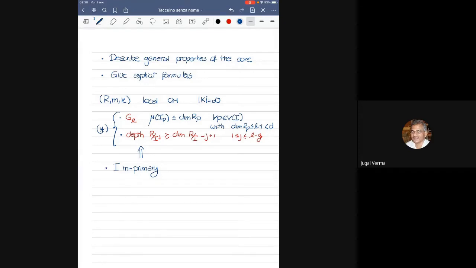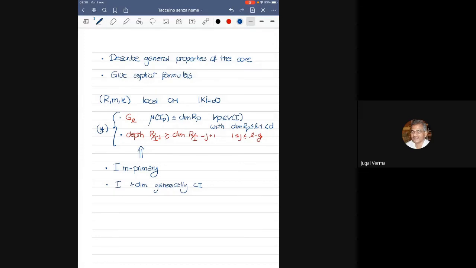And actually, more generally, any ideal that is equimultiple, which means L is equal to G, will satisfy this. Both of them will be vacuous if L is equal to G. Then ideals that are one-dimensional, generically a complete intersection, meaning a complete intersection when you localize at the associated primes.